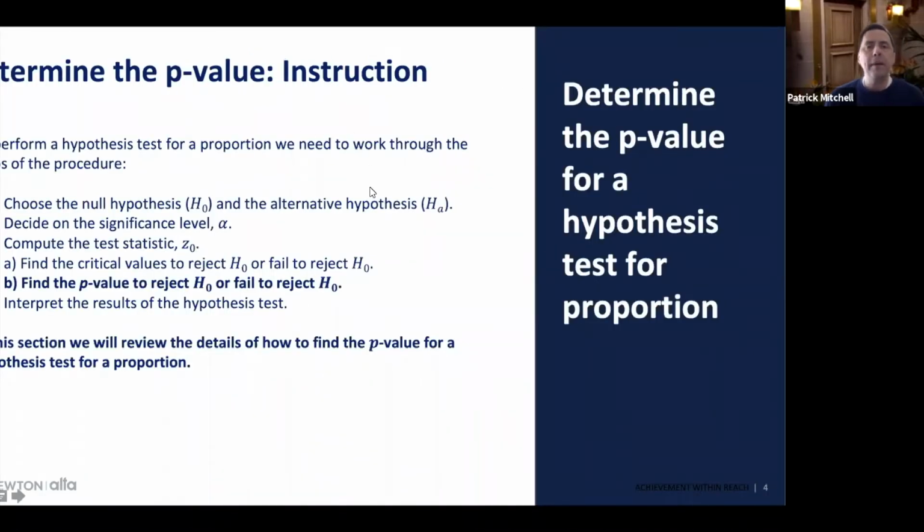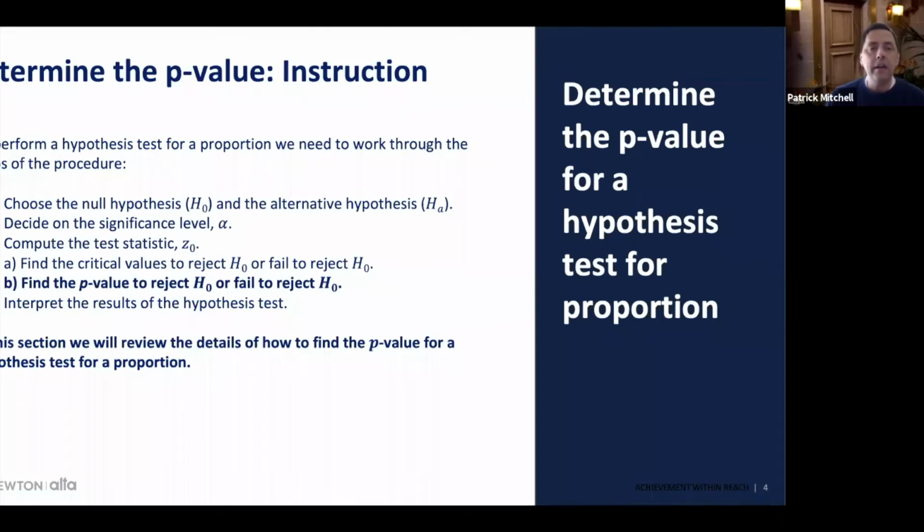So to perform a hypothesis test for a proportion, we need to work through the following steps, which you've heard about many times before. First, choose the null hypothesis and the alternative hypothesis. Then decide on the significance level, alpha. Compute the test statistic, which for a test about a proportion is z. We write the calculated test statistic as z sub 0.